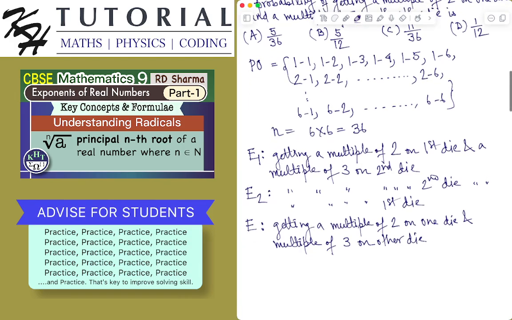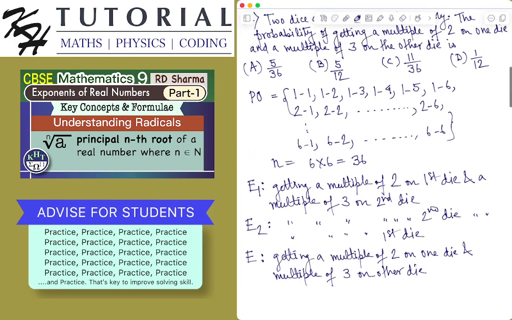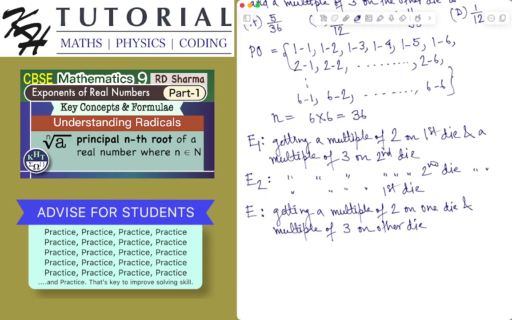We have to find the probability of this event E. Now please note that the event E is nothing but the occurrence of event E1 or event E2. So event E is E1 or E2.